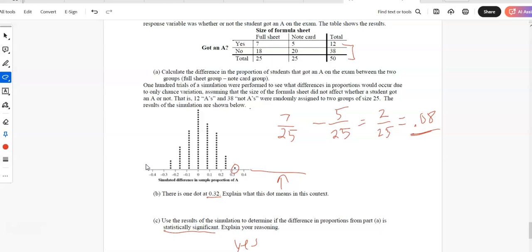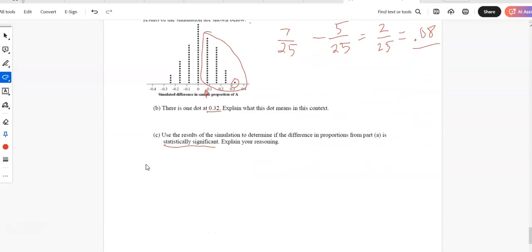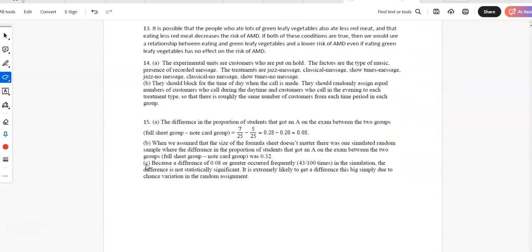0.08. Oh, not 0.8. Where's 0.08? That's right here. Oh my goodness. So all of these guys, that's definitely way more than 5%. So I'm glad I checked that answer. So because that occurred 43 out of 100 times, almost half the time, way more than 5%, the difference is not statistically significant.